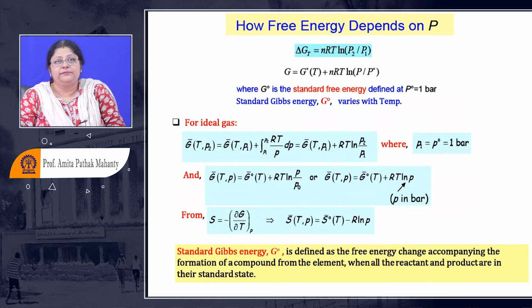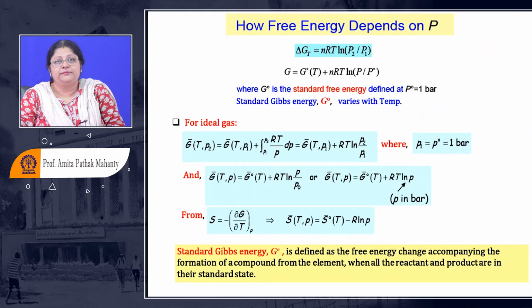So standard Gibbs energy is defined as the free energy change accompanying the formation of a compound from its elemental state when all the reactants and products are in their pure standard states. Only then we can write it while we are doing it. Otherwise, all our experiments are based only on the real system.